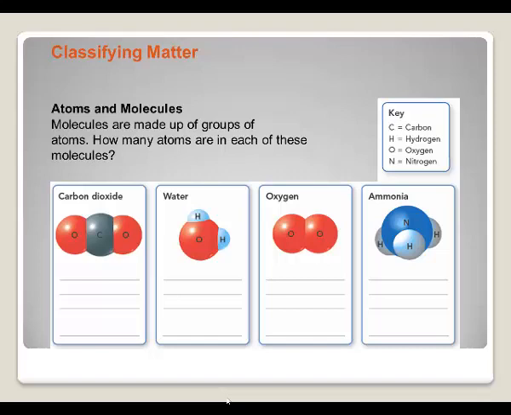And then in each one of these pictures, we want to identify the number of each atom that is present. So in the first one, for carbon dioxide on the left, we have one carbon atom, and there are two oxygen atoms combined to the outside of that carbon atom. This is the same molecule that is released when we go through a burning process.